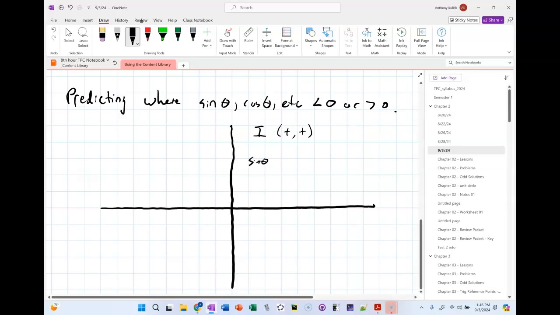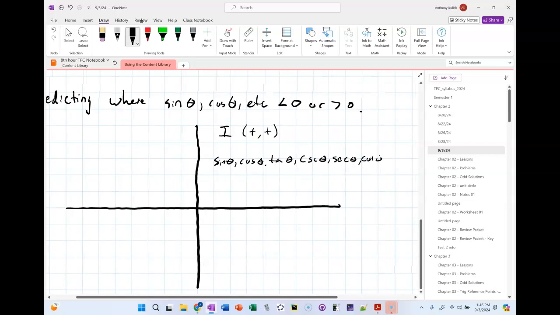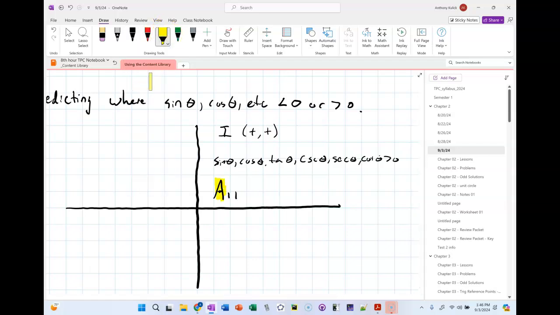So sine theta, cosine theta, tangent theta, cosecant theta, secant theta, cotangent theta are all greater than 0. So I'm going to write an A there for all, because all of our trig functions are positive. I'm going to track what stuff is positive in each quadrant. That's what the letter I write there is going to tell me, what is positive in that quadrant.